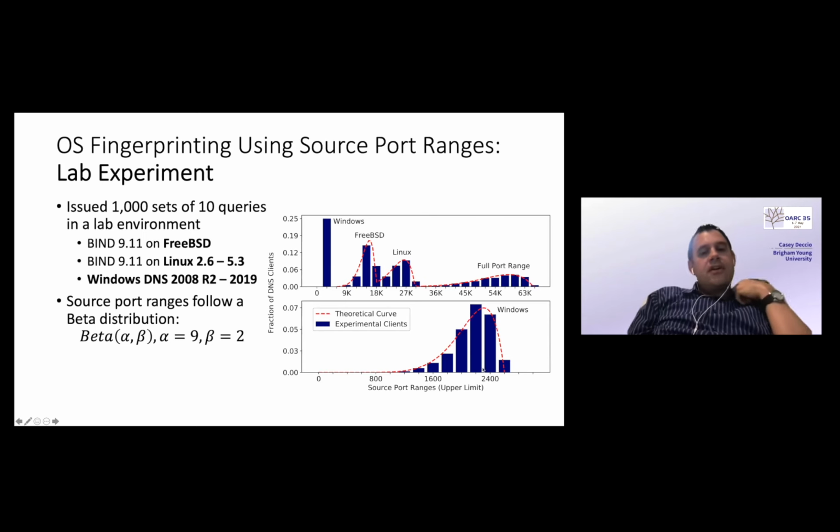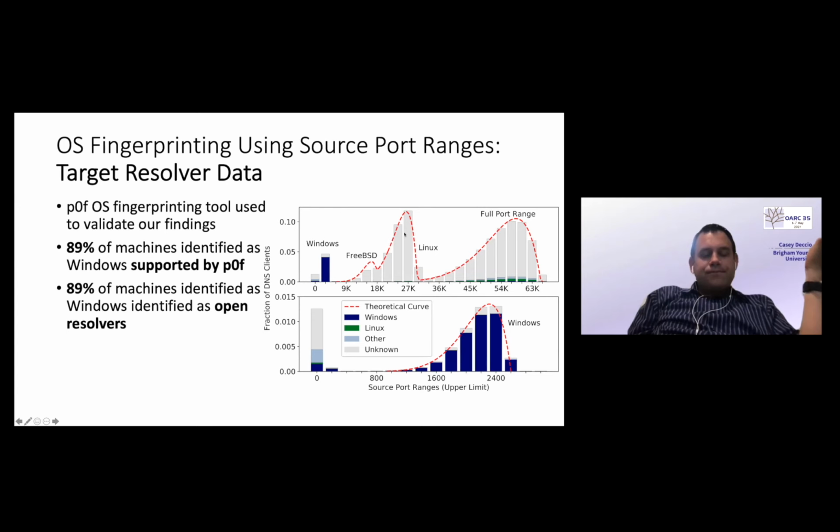Windows is down here. It has a source port range of about 2,500 by default. And then there's some software that doesn't use the OS ephemeral source port range. They use the full range instead, and they would be down here. For those, of course, we can't identify the operating system. But the cool thing is we can look back at the follow-up queries from the different resolvers and identify different operating systems.